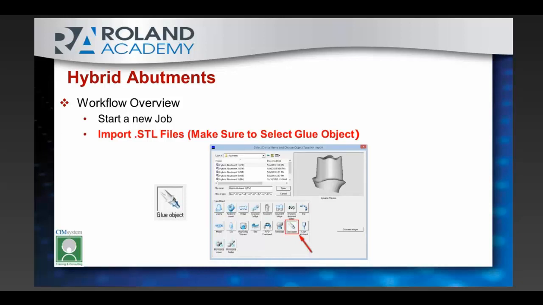Just as an example, you're not going to treat the milling of a coping the same way that you would treat the milling of a full contour crown, because maybe with the full contour crown you potentially have a smaller tool that's going to come in and define some more anatomical detail. So that's all built into the strategy. That all depends on the strategy that your resellers have provided you with. But you definitely, for a hybrid abutment, always want to select glue object.